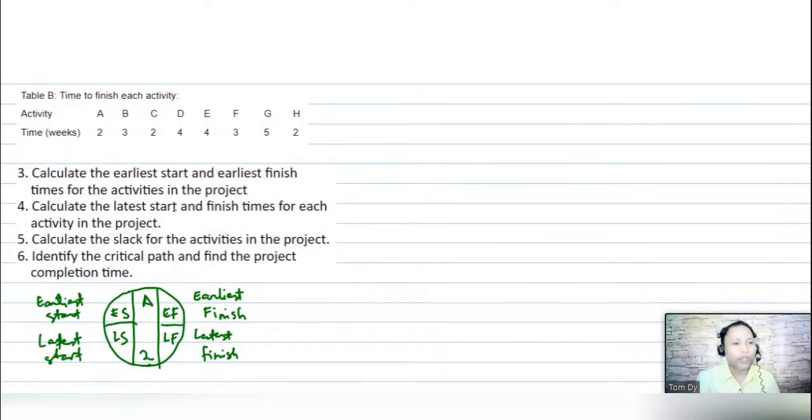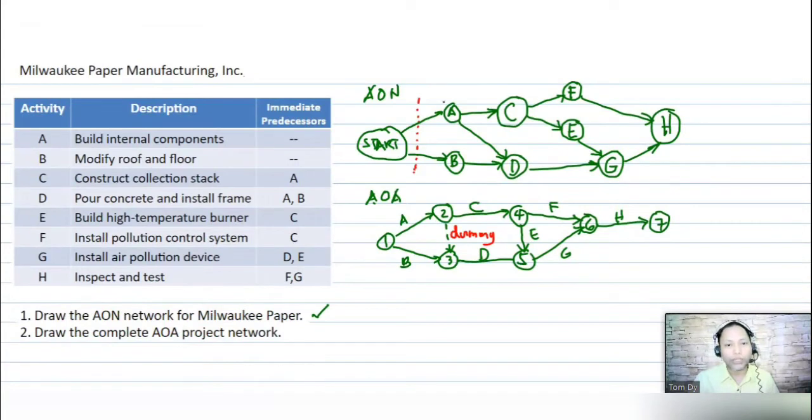Okay, now when we solve this one, we will base it on our network, AON or AOA. We will be using the activity on node. If we go back to our previous slides, we will be using this one. So we have here A, B, C, D, E, F, G, H. This is the easiest way.